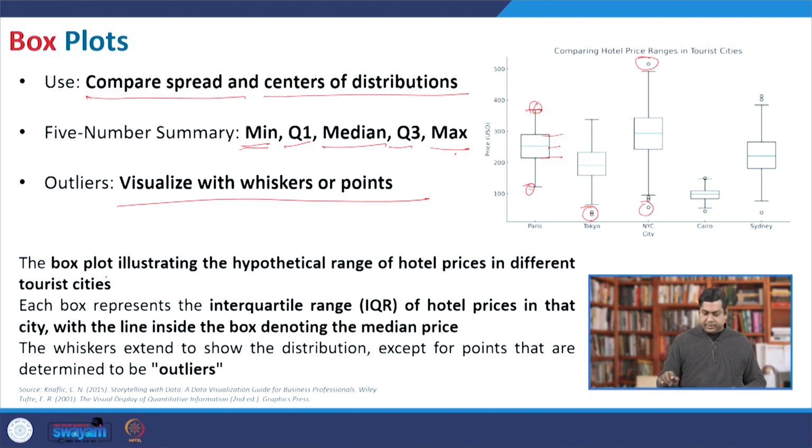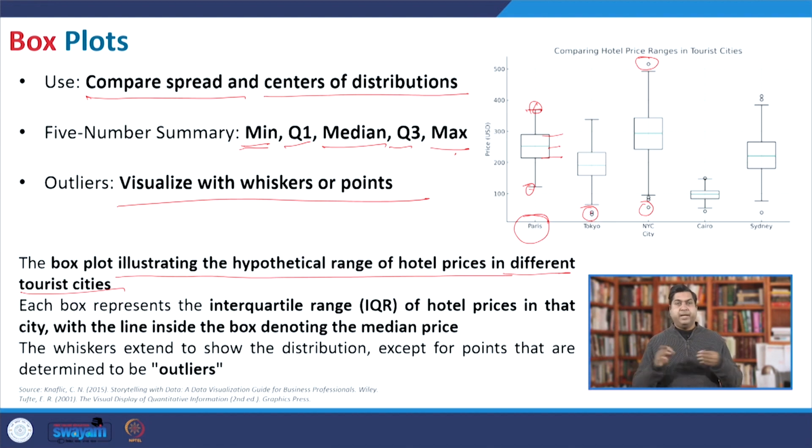Now, this is again a hypothetical example, a box plot illustrating the hypothetical range of hotel prices in different tourist cities. Say for example, in Paris there are multiple hotels, and depending on the facilities the price may vary.